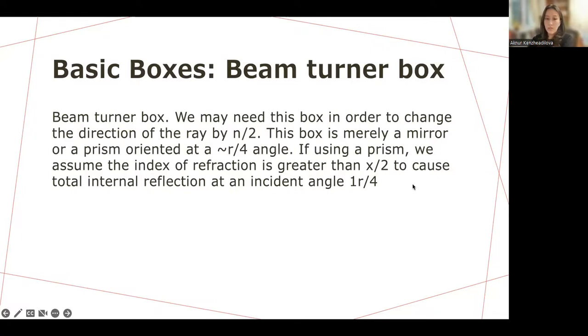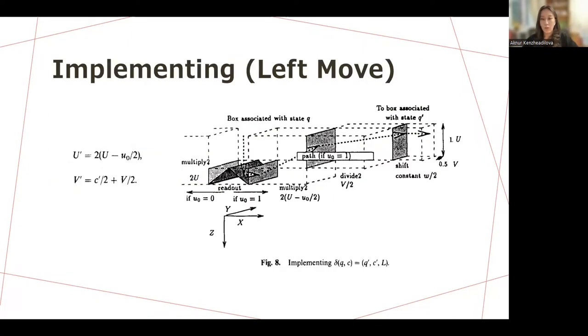If using a prism, we assume that the index of refraction is greater than the half of the x, then it can cause total internal reflection. We can also combine these basic optical boxes to construct complex boxes and implement the transition. So this is the complex box, the left move.